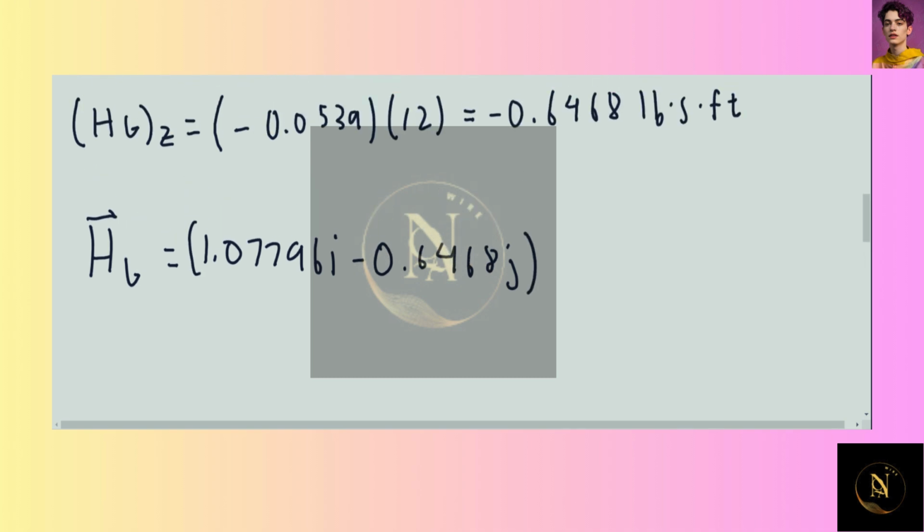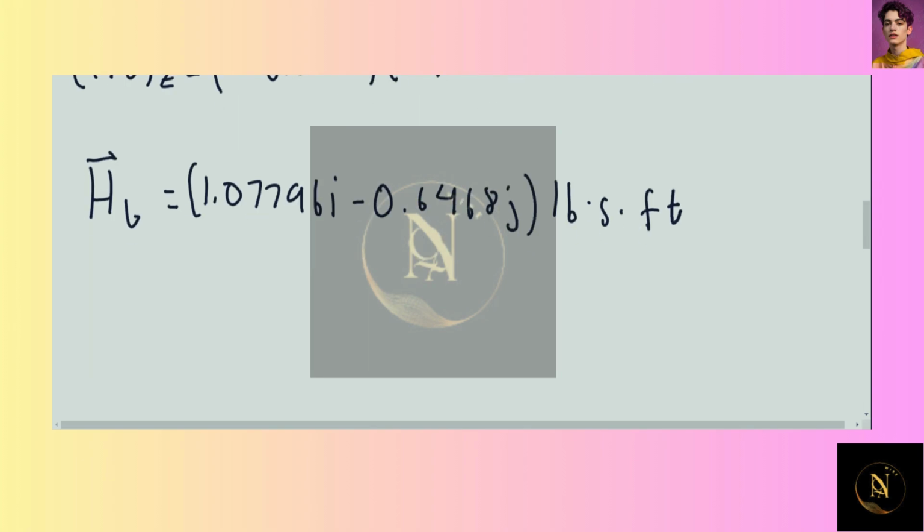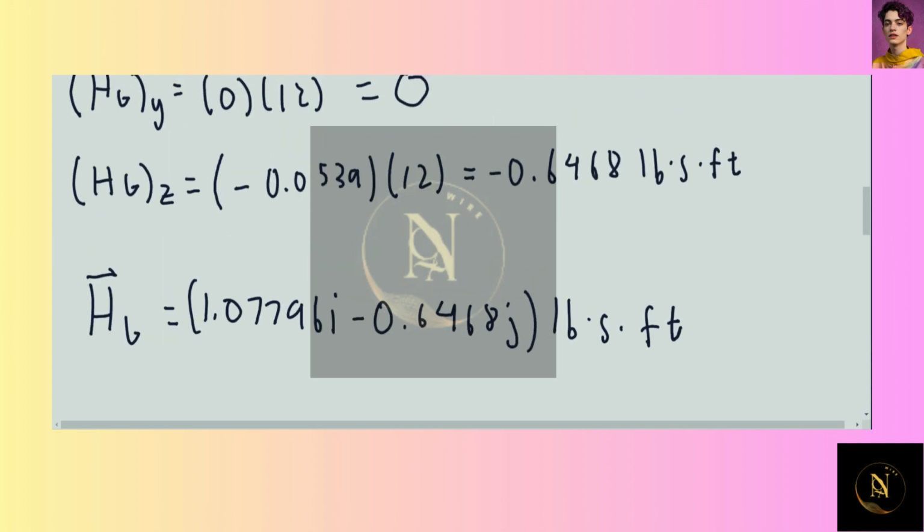So h of g is 1.07796i minus 0.6468k. This should be the k component, since we have no y component, and this is the z component.